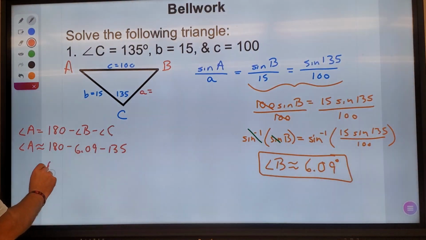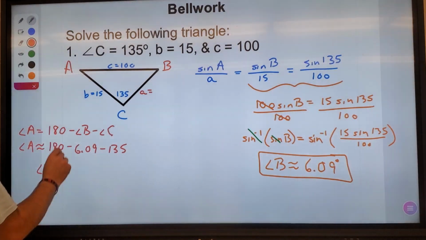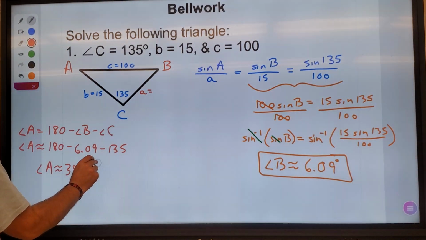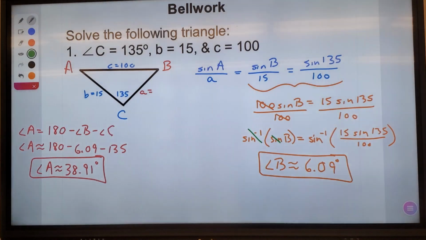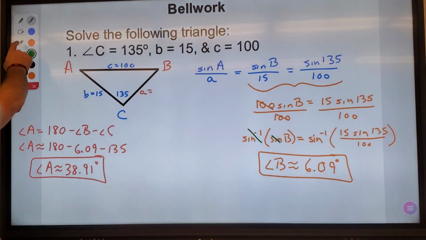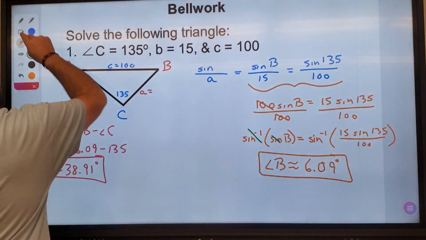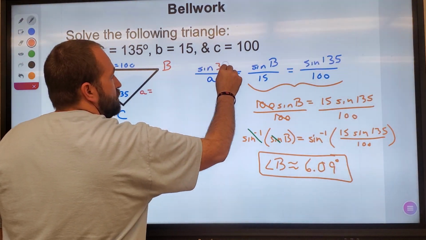So angle A is approximately 38.91 degrees. Now I'm going to come back up to here. I'm going to erase this A now because now we have a value for it. It's 38.91.